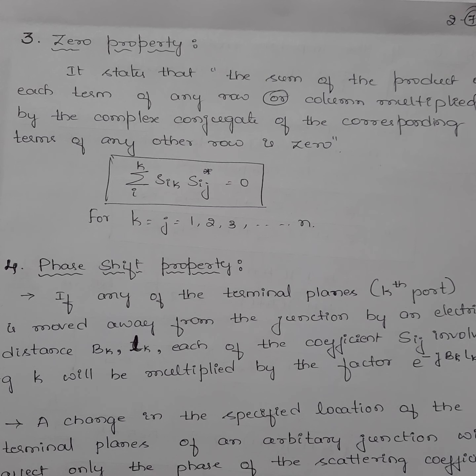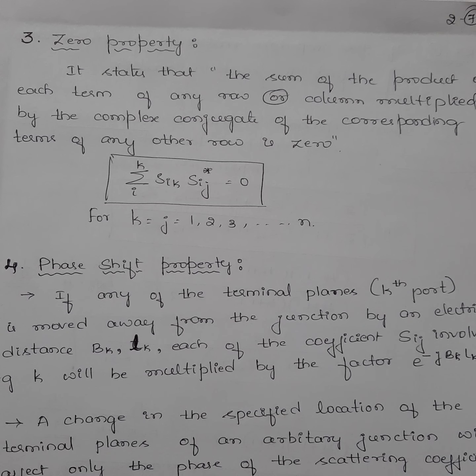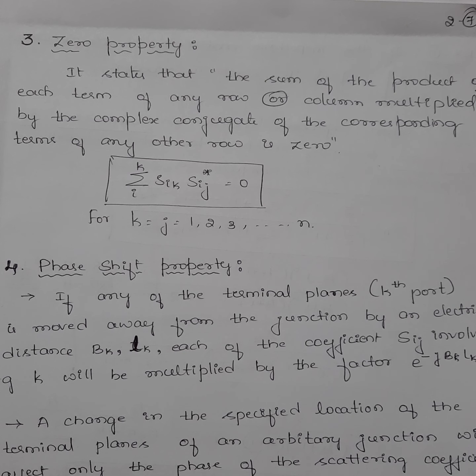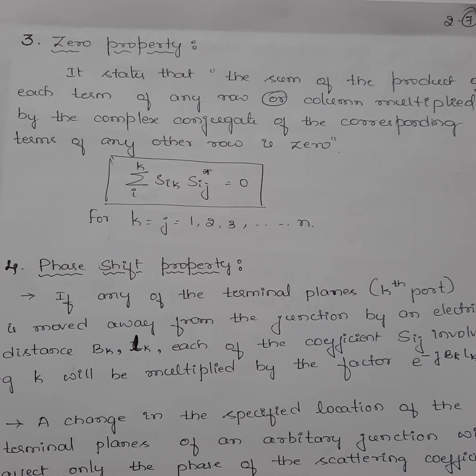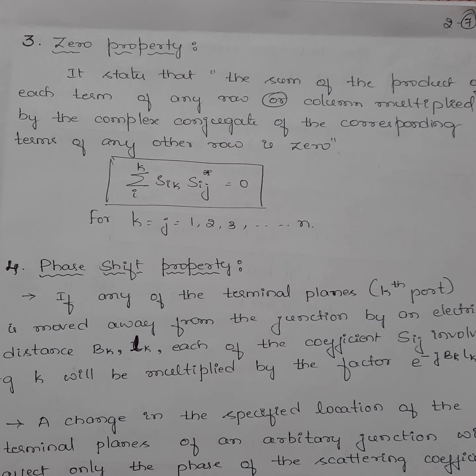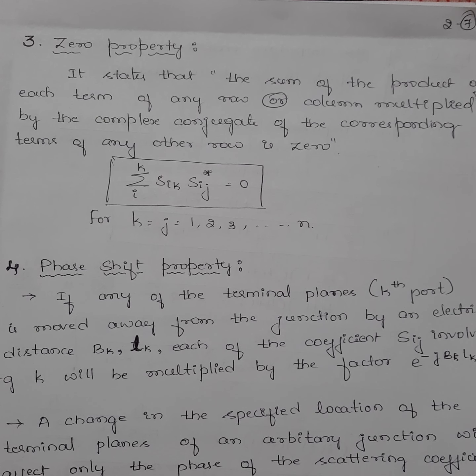Okay, next is the phase shift property. Phase shift property means if any of the terminal planes is moved away from the junction by an electric distance bk lk, each of the coefficients Sij involving k will be multiplied by the factor e to the power of minus j bk lk.